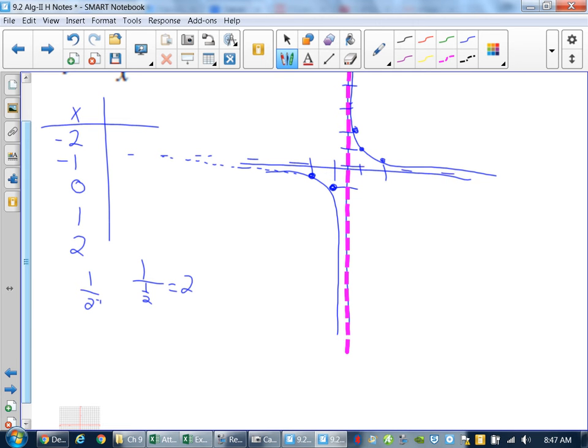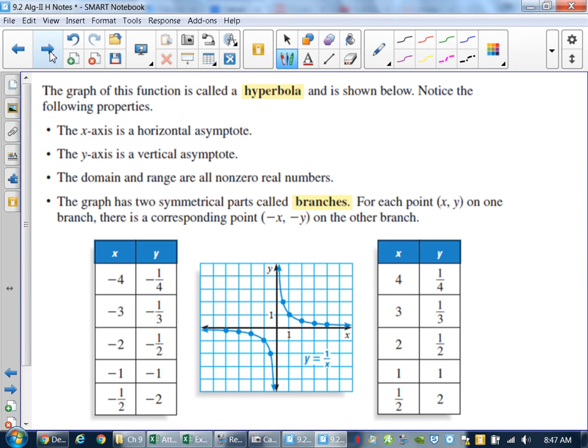And then your domain and range. What's the only value in the domain you can't have for this? 0. Very good. Because where is your vertical asymptote?